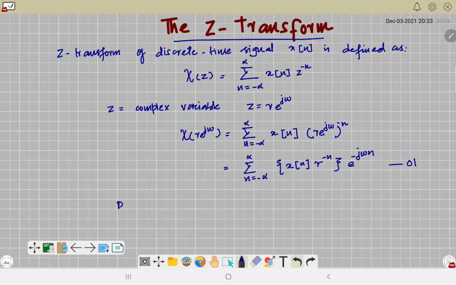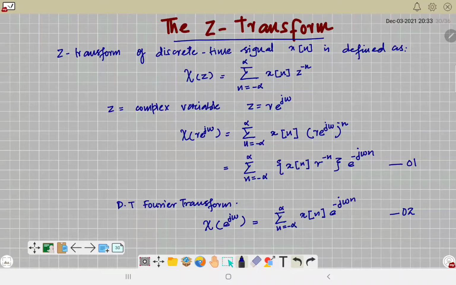Now we know the discrete time Fourier transform. We have studied it in the third chapter, and it is defined as X of e raised power j omega equivalent to summation n runs from minus infinity to plus infinity x of n e raised power minus j omega n.